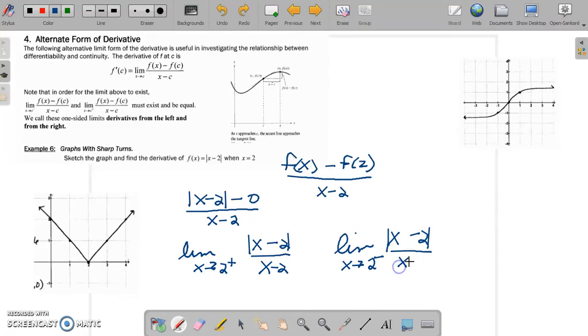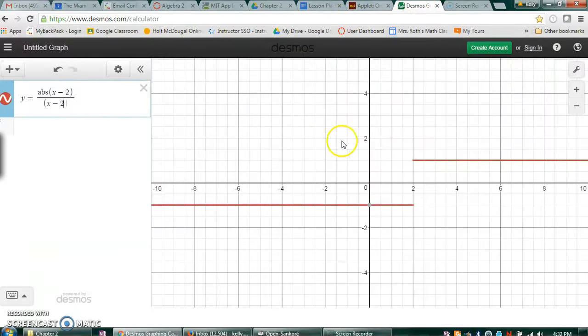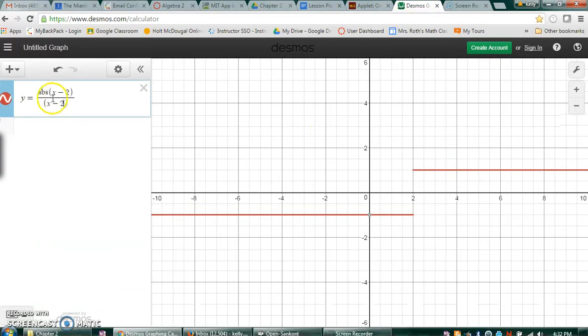So to make this a little bit easier to understand, I'm going to take us over here to the graph of it. So this is the graph of the absolute value of x minus 2 divided by x minus 2. Basically, when x is greater than 2, your y is always going to be 1. When x is less than 2, it's always going to be negative 1.